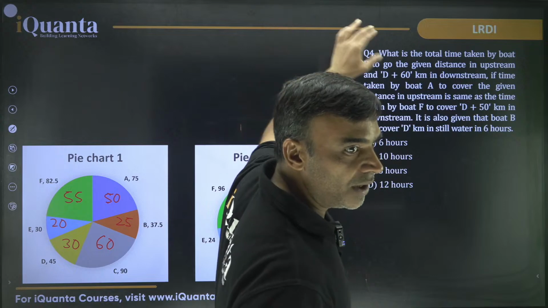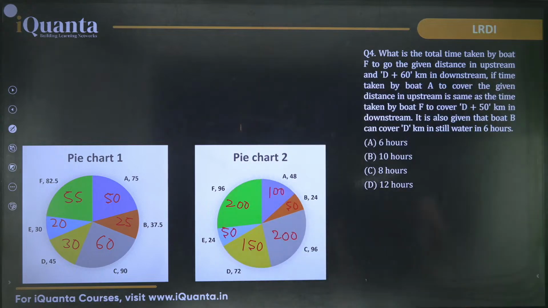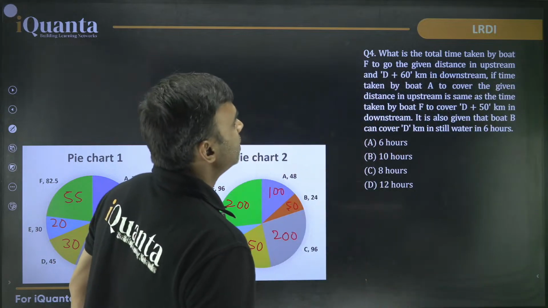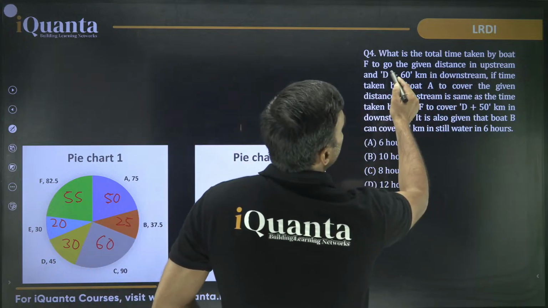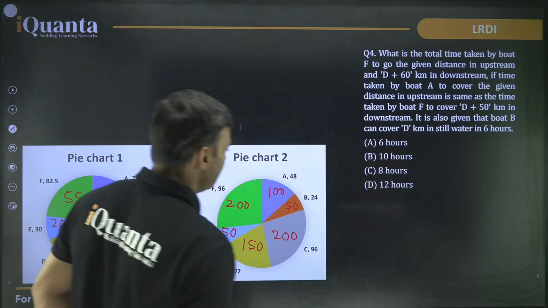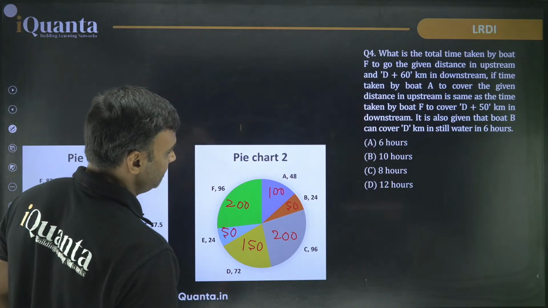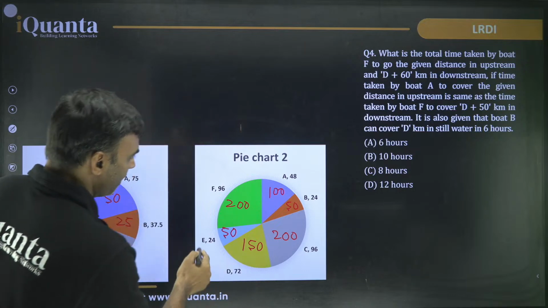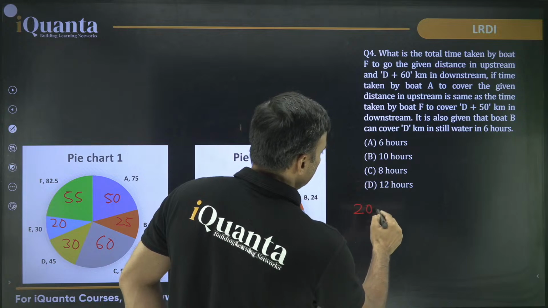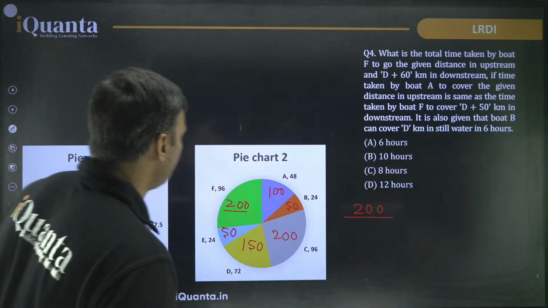पीछे वाले से कोई, yeah, yes Shaurya, this I said in the beginning itself that the river speed could be different in different questions. And that's the challenge, that's the point. है ना? So here it says what is the total time taken by boat to go the given distance in upstream and d plus 60 in downstream. So what is the given distance? Given distance is for F given distance is 200. So the time taken would be 200 divided by speed of F. What is speed of F?